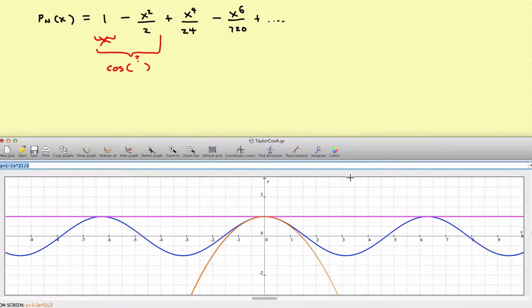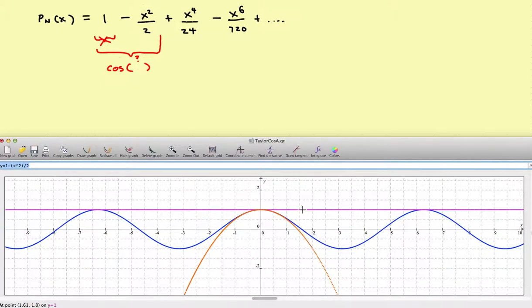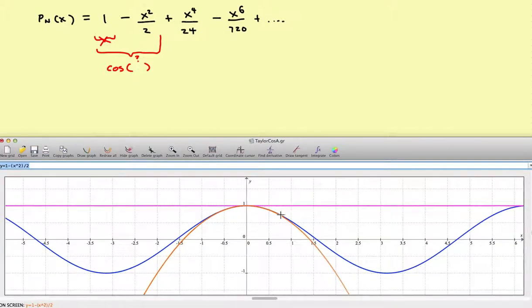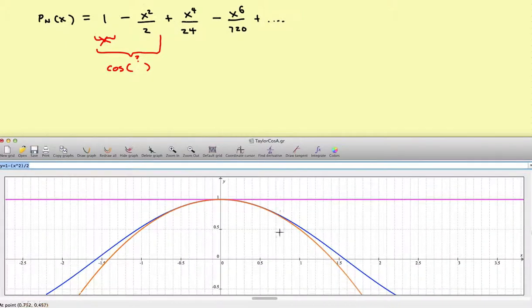So this pink one was the 0 order. Now, if you have a second degree, you've got a thing that looks like this, and notice that the orange graph, the second degree graph, seems to agree with the cosine graph for a longer period of time. So let's see how far we can investigate this one. So if we zoom in right in this area, now the question is, how far out can you go before the orange graph begins to separate from the blue graph?